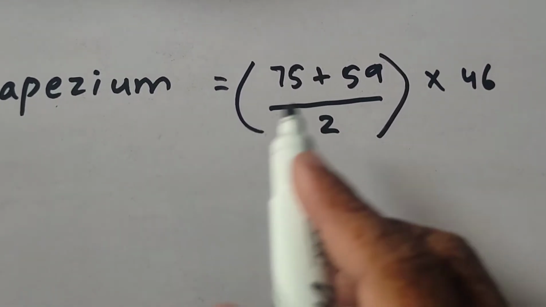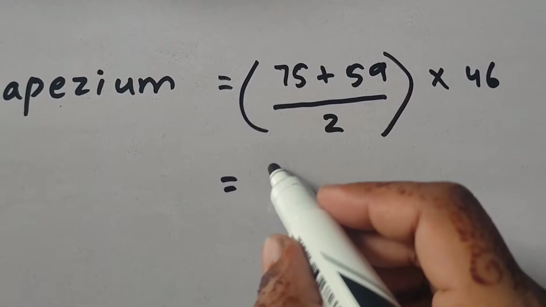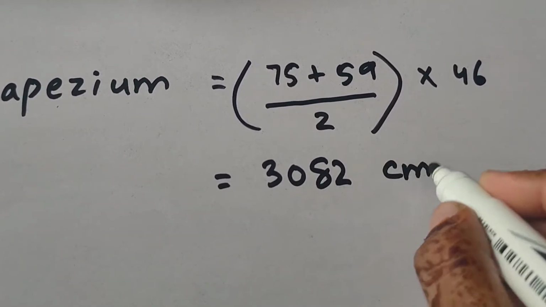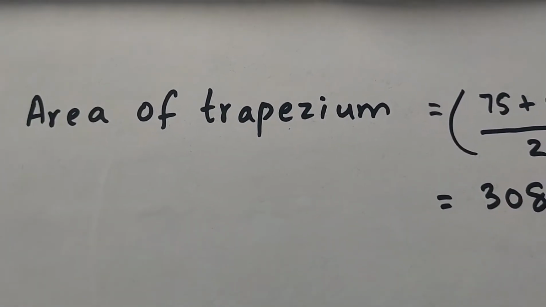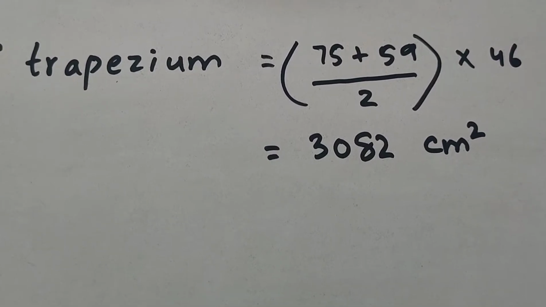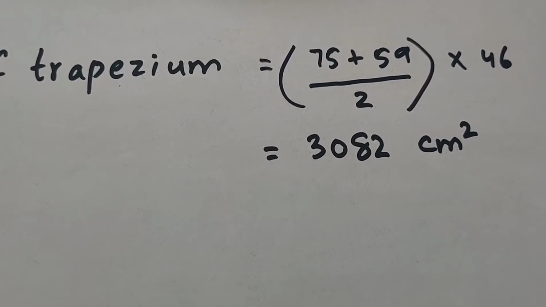And students, when we do this, we'll get the area of the trapezium, which is 3082 centimeters square, right? And after calculating this area, we'll simply multiply it with the height of the prism in order to find out the total volume of the prism.